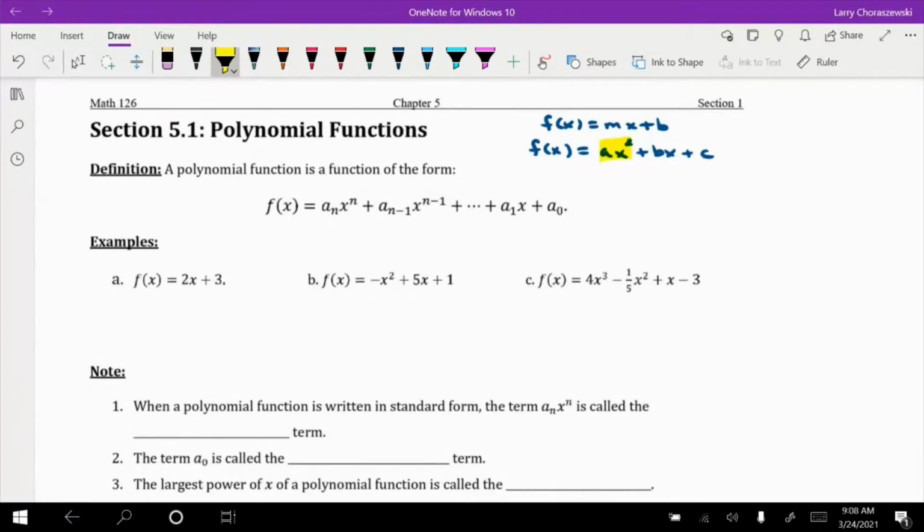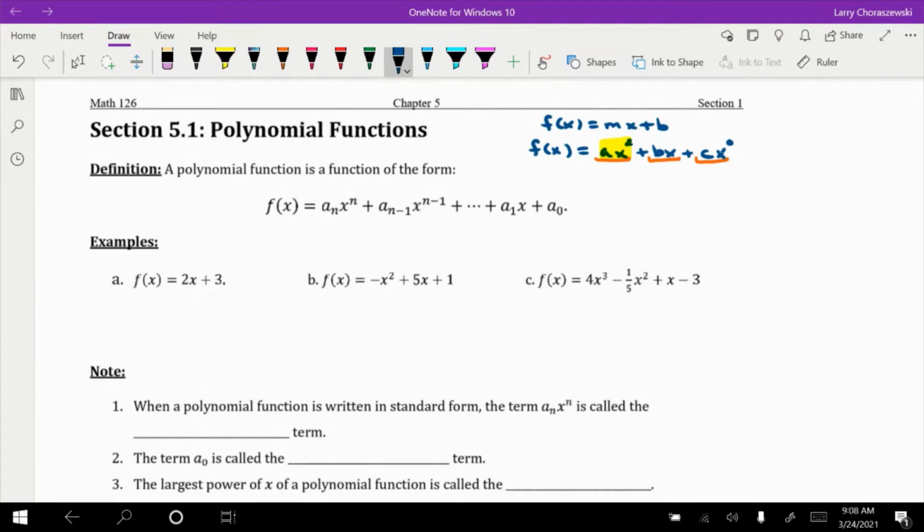The point I'm trying to make is that you can continue adding terms of this format, where some number is being multiplied by x to a certain power. Even the number c here is technically c times 1, which we could rewrite as x to the power of 0.